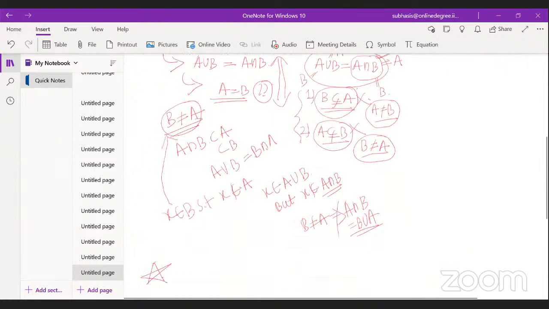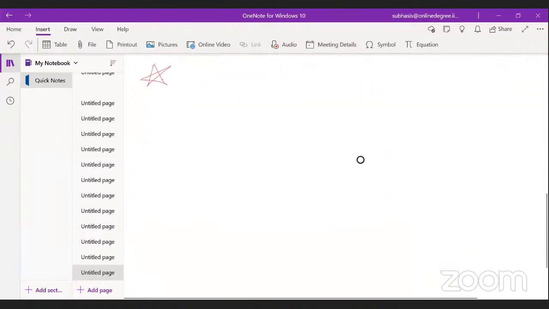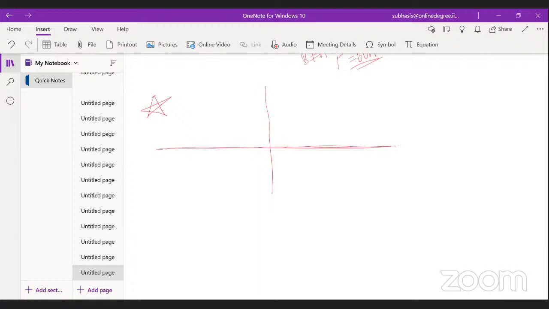So what you generally do is, your x-axis basically represents your domain and the y-axis basically represents your range.